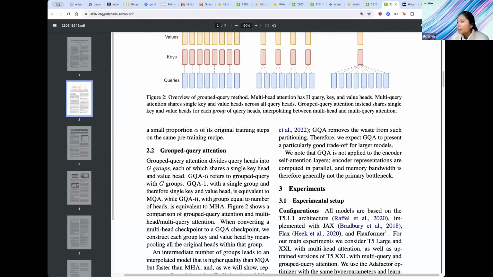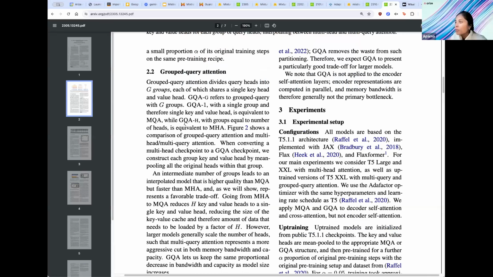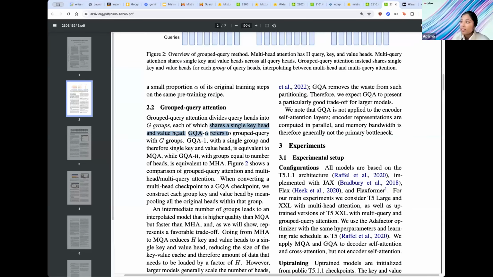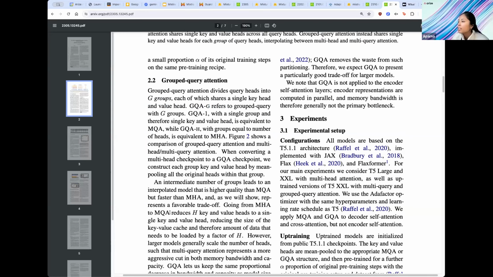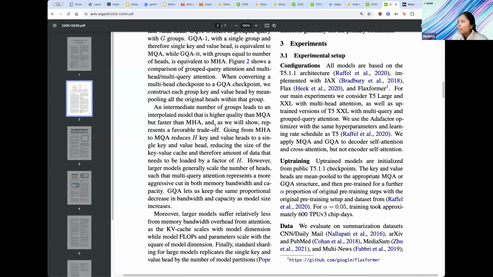I think the key part, and we can dig into it right now, is this: grouped query attention divides query heads into G groups, each of which shares a single key head and a value head. We note that an intermediate number of groups leads to an interpolated model that is higher quality than MQA but faster than MHA, which is multi-head, and represents a favorable trade-off.